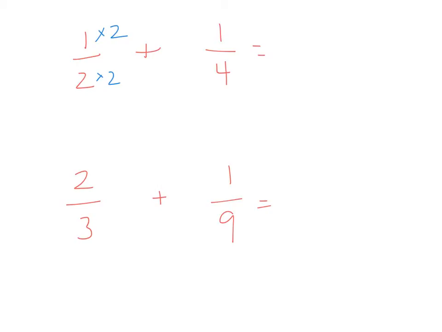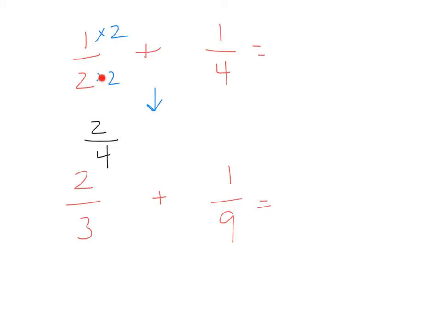So now that I figured this out, I'm going to draw an arrow down because I always like to rewrite my problem. That's the proper way to do these problems. You can do them in your mind, and that's fine, but writing down the work is a very important step in this process. So we look at this numerator, 1 times 2, and that's 2. Then 2 times 2 is 4.